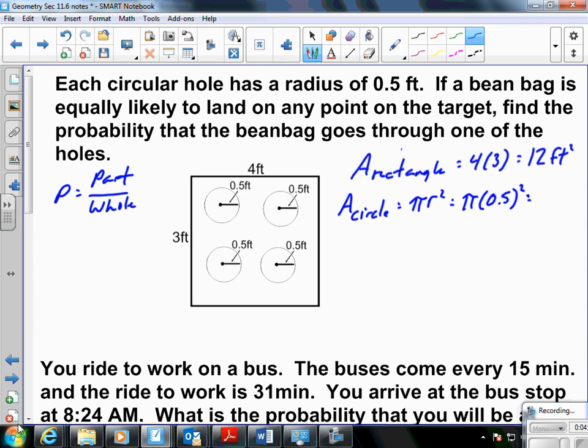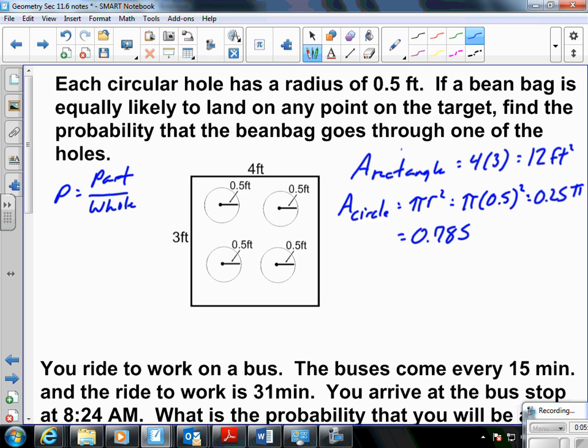And if we square that, it's going to give us 0.25 times pi, and ultimately 0.25 times pi will be 0.785.